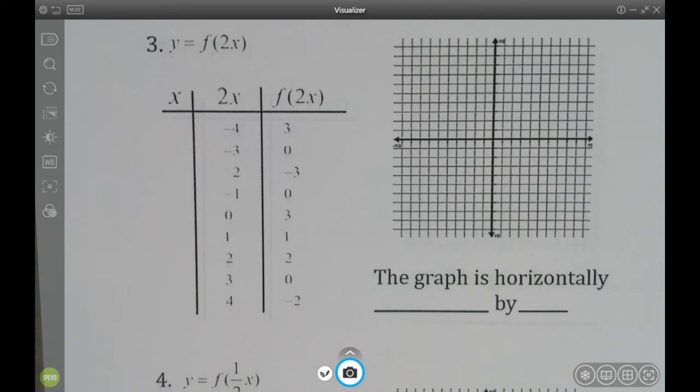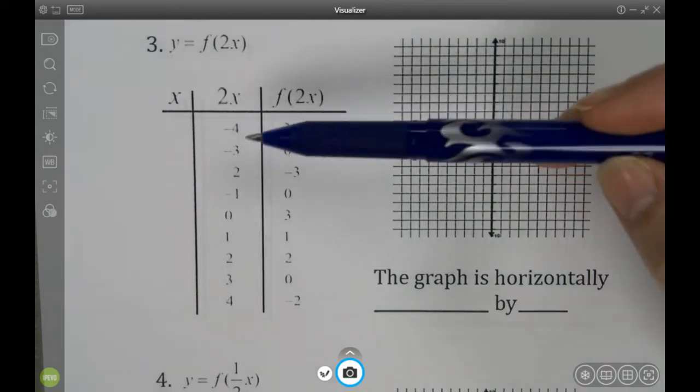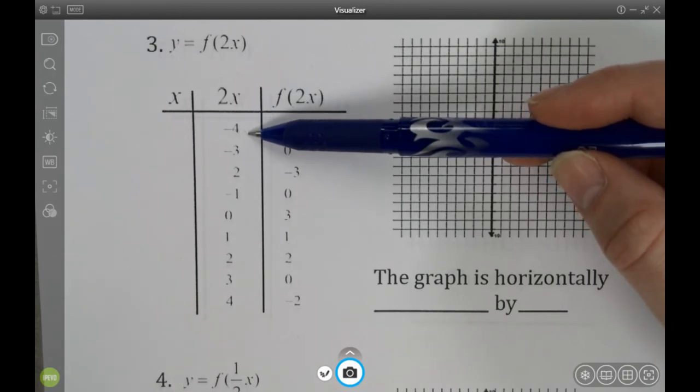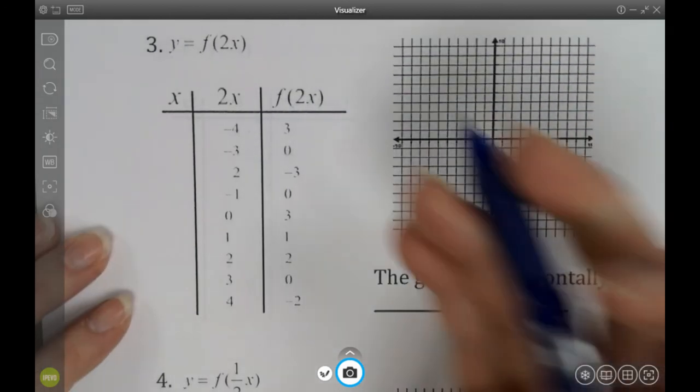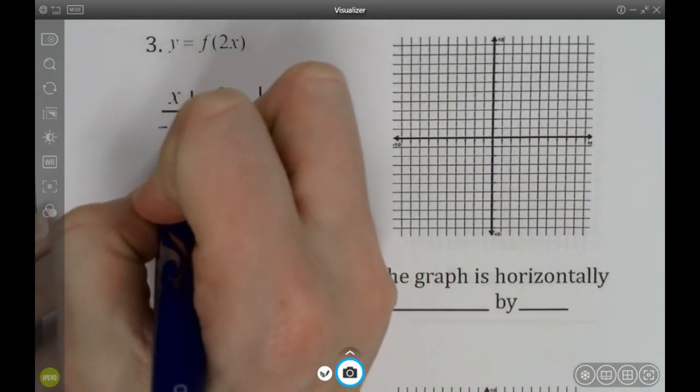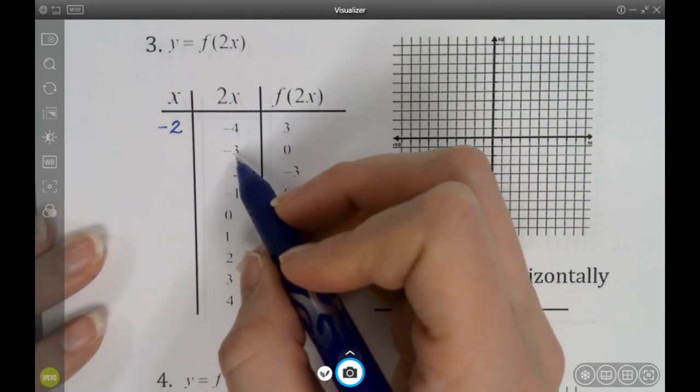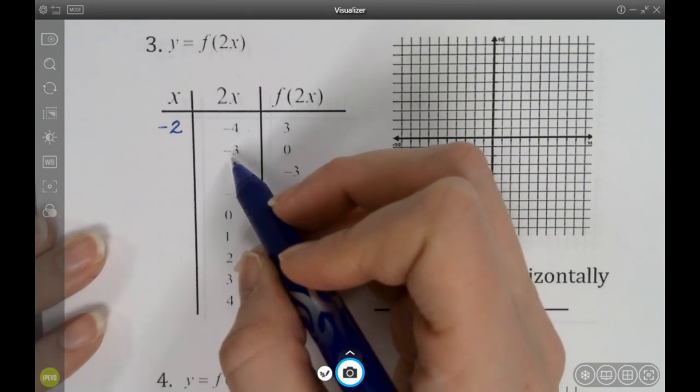Okay, so number 3, we have y equals f of 2x. So that means 2 times x equals these numbers right here in the middle. So 2 times what gives you negative 4? Negative 2. 2 times what gives you negative 3? Or what's negative 3 divided by 2?